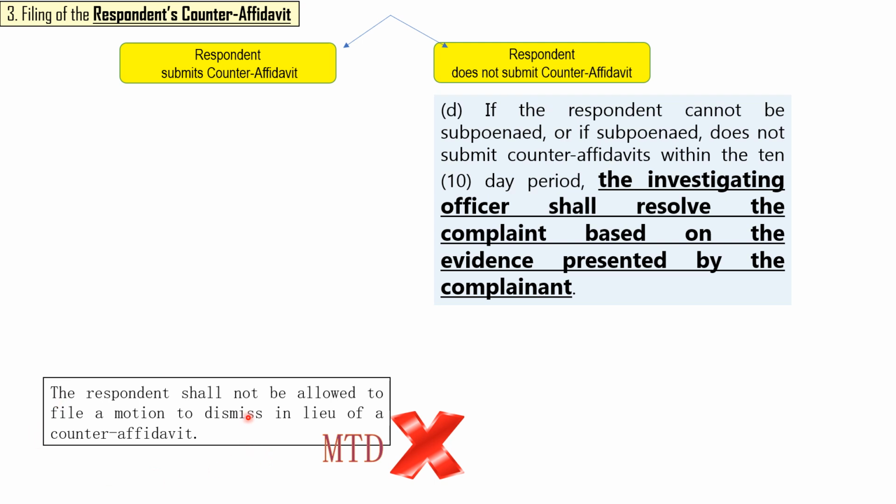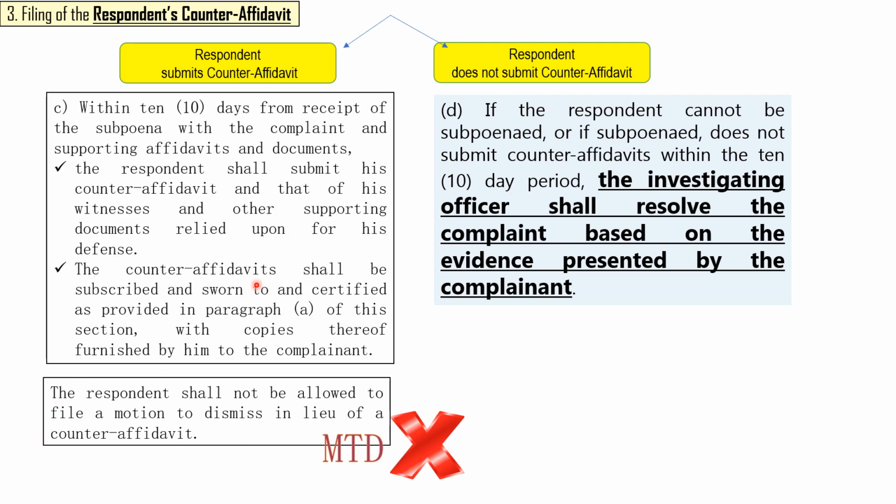So your only recourse is to file your counter affidavit, and your counter affidavit should include already the affidavits of your witnesses and other supporting documents. For example, wala ka naman palang utang, bayad na yan, o di kaya nagkaroon na kayo ng areglo, so meron ka ng compromise agreement, then you can attach that one.